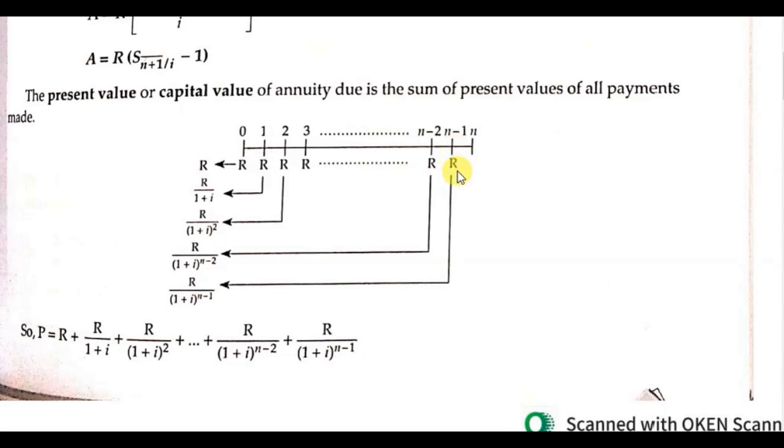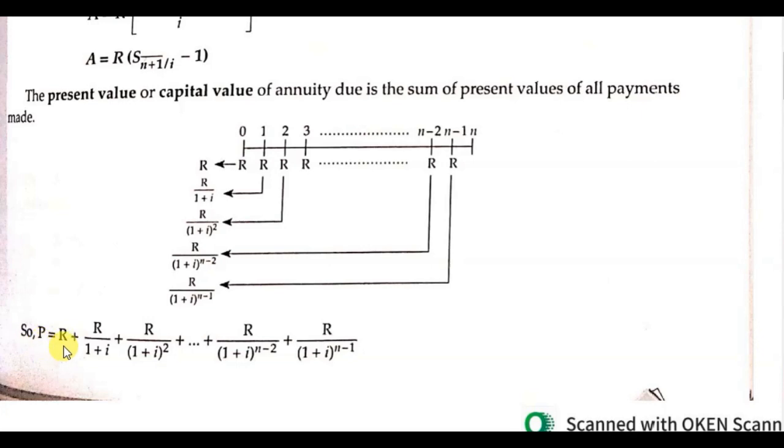And at last you will have R by 1 plus I power n-1, for n-1 payments. The last payment we are not paying, because it's a due case.